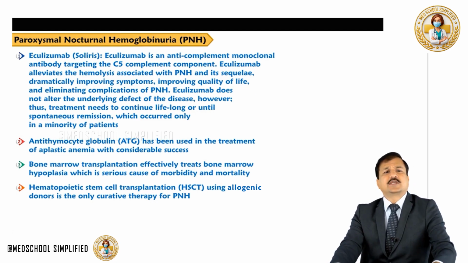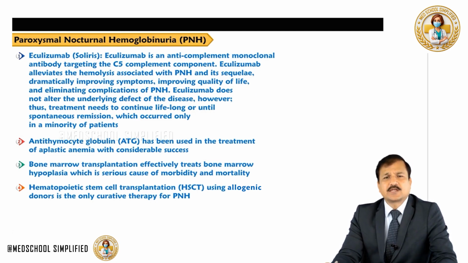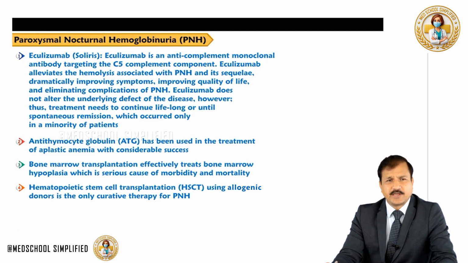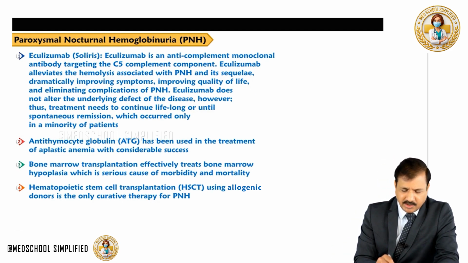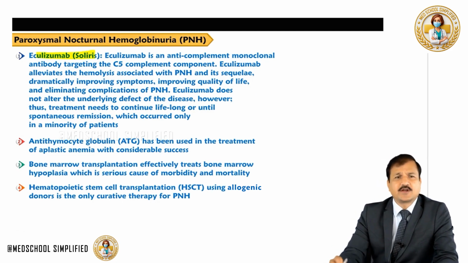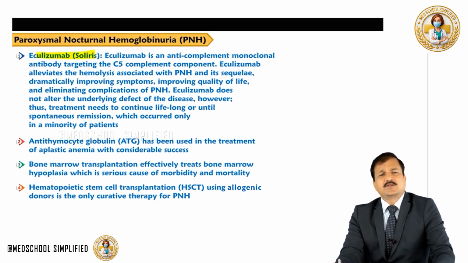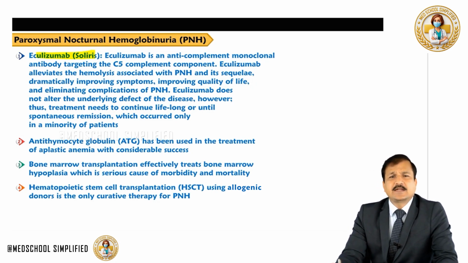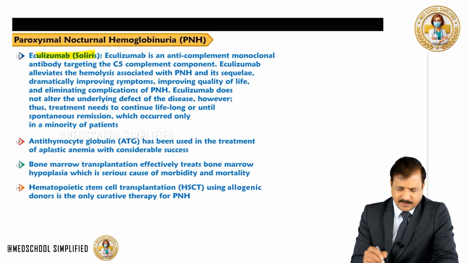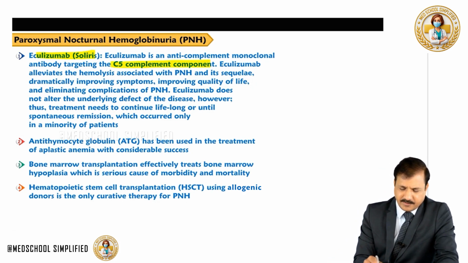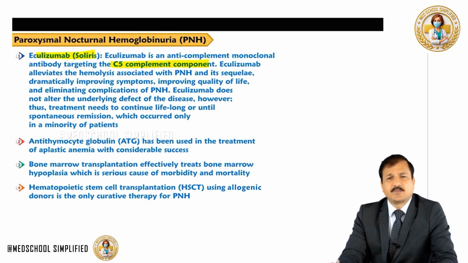Now let's move on to see a treatment for paroxysmal nocturnal hemoglobinuria. The drug called eculizumab, which is also referred as Soliris. Now the eculizumab is an anti-complement monoclonal antibody targeting the C5 component of complement system.